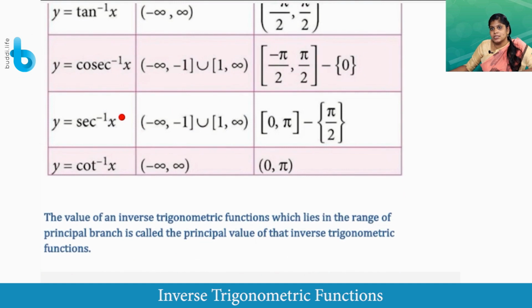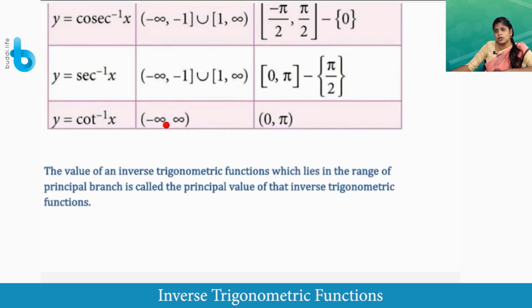Then secant inverse. The domain for secant inverse is the same as for cosecant inverse, but here the range varies from 0 to pi. Here 0 and pi are included since it is a closed bracket, whereas within this range itself, the value pi by 2 will not be considered. So the range doesn't include pi by 2.